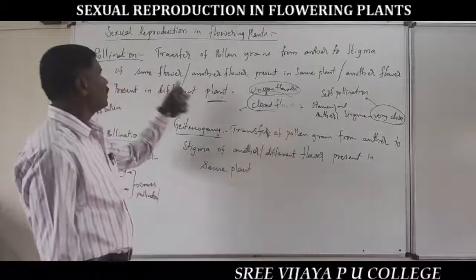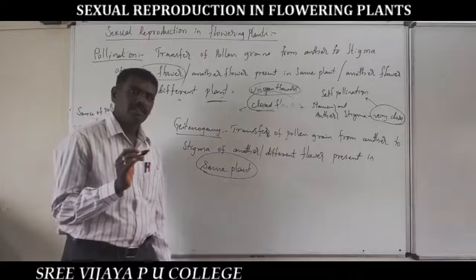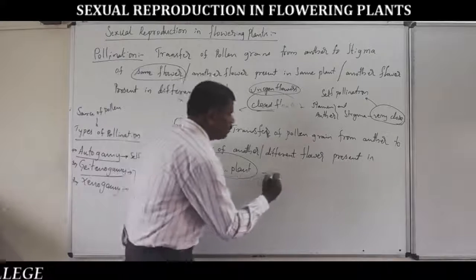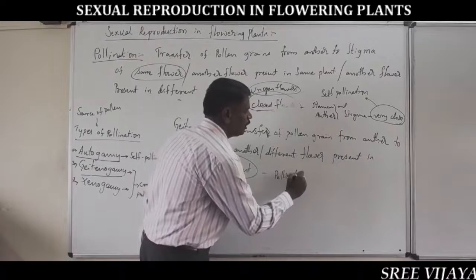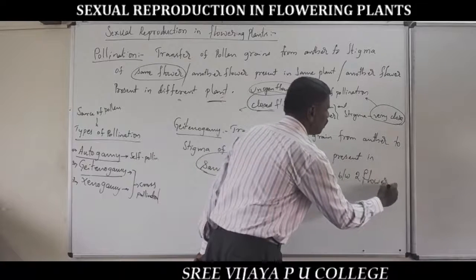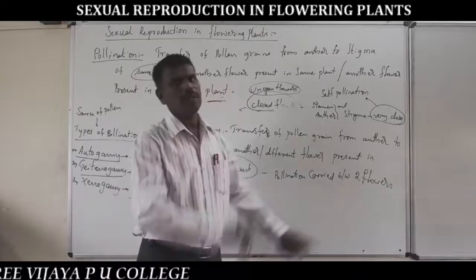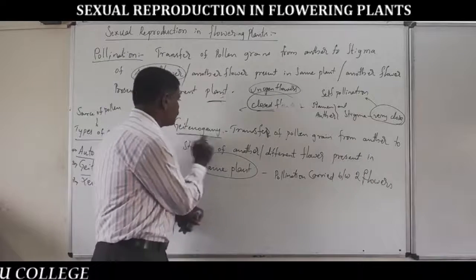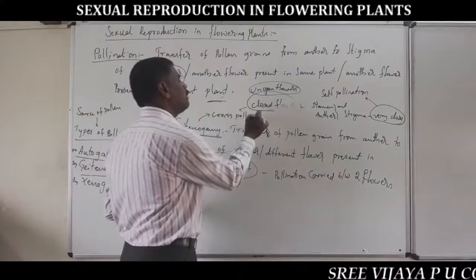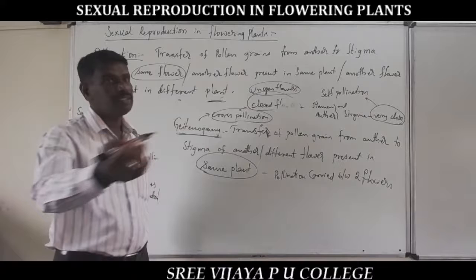Don't confuse this with the same flower; here we write the same plant. The pollination is carried between two flowers, not the same flower, and both flowers are present in the same plant. That is what we call geitonogamy. It is also a type of cross-pollination, because the pollination is carried between two different flowers of the same plant.